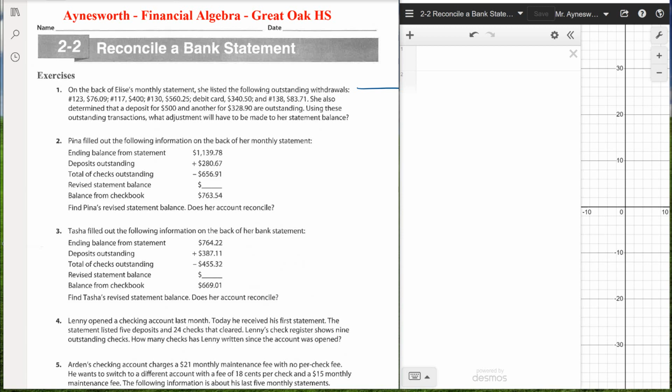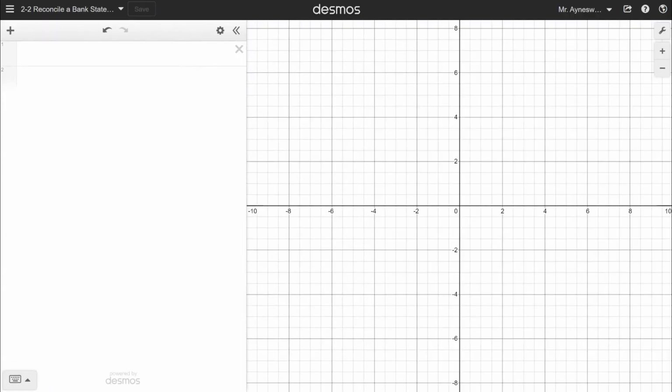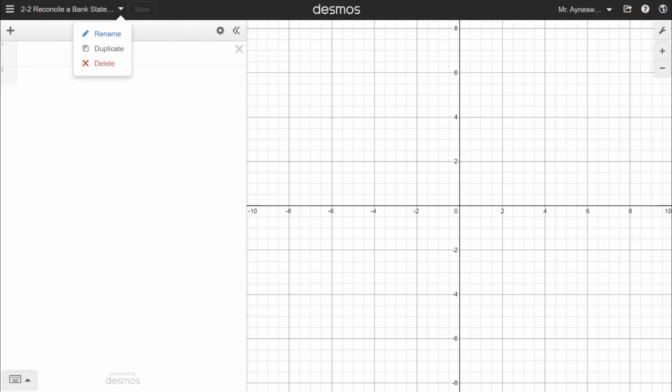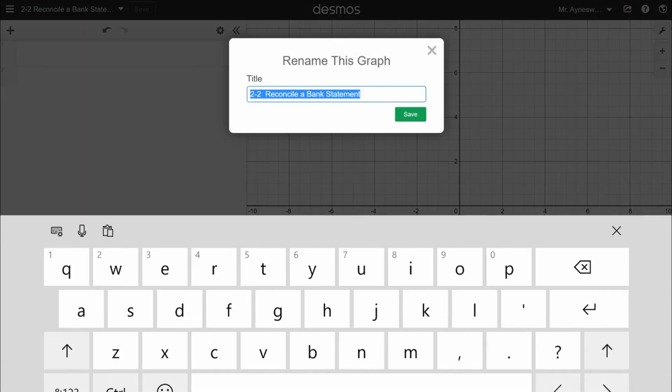I'm going to be using Desmos off to the right, so I always tell my students to save all their work as they go. When it comes to the more complicated stuff, which will get complicated later on, we like to save all our work. I actually have my students print it to a PDF and submit their work. So come over here, click on New Blank Graph. When you do, you're going to be able to save your work.